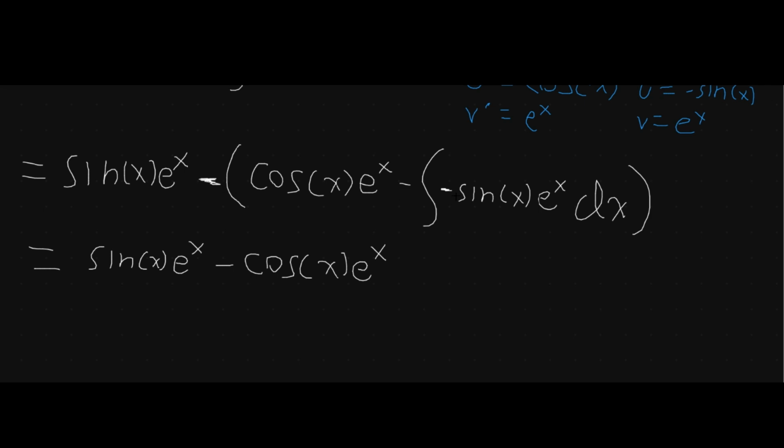So if I apply this negative sign here, it will become a plus, and if I apply this one after it, it will become a minus. So we are left with minus the integral of sine of x e to the x dx. So now we could use integration by parts again, but we're not gonna get anywhere.